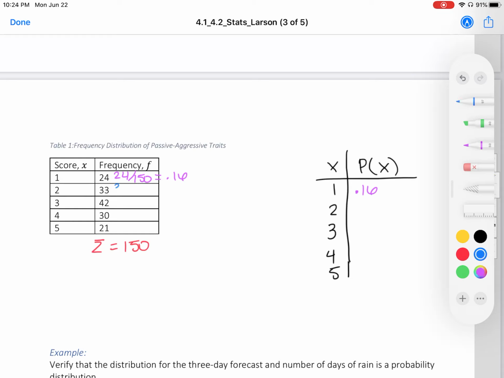Next, 33 divided by 150 gives us 0.22, so we attach 0.22 to the score of 2, and so on. 42 out of 150 gives 0.28. 30 out of 150 gives 0.20. And 21 out of 150 gives 0.14.